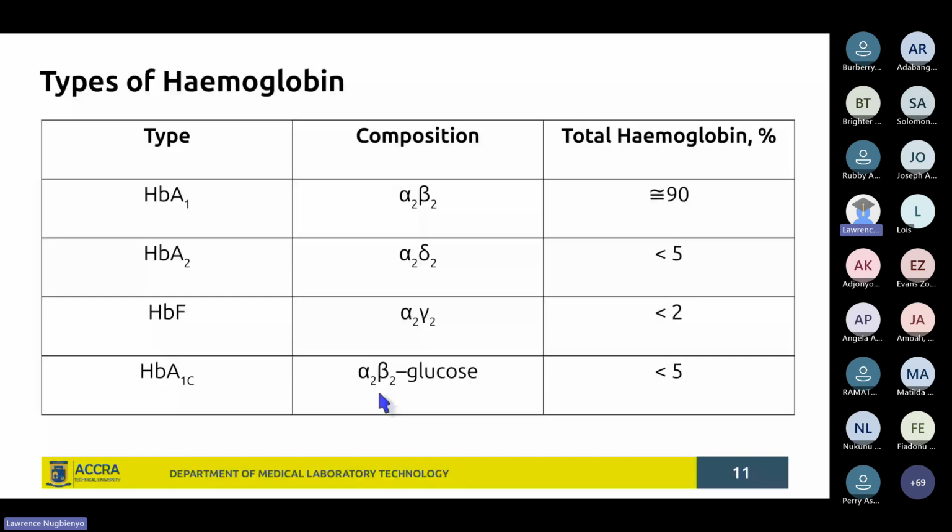If it's within normal, then that's okay. In total, glycated hemoglobin is less than 5% of the hemoglobin in blood. So these are some major hemoglobin types that we have.